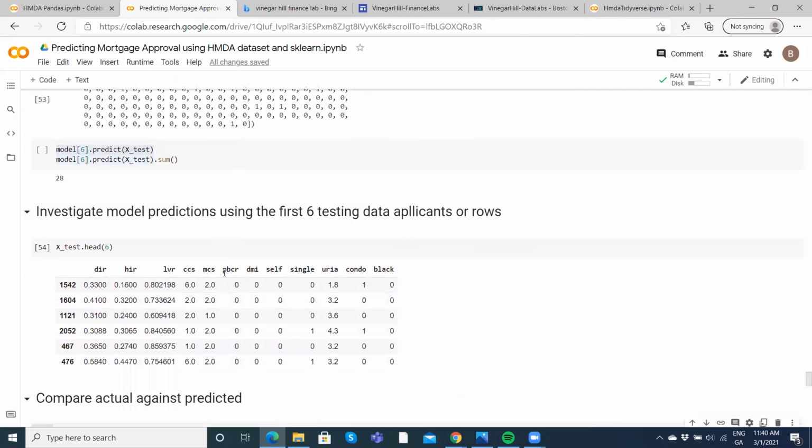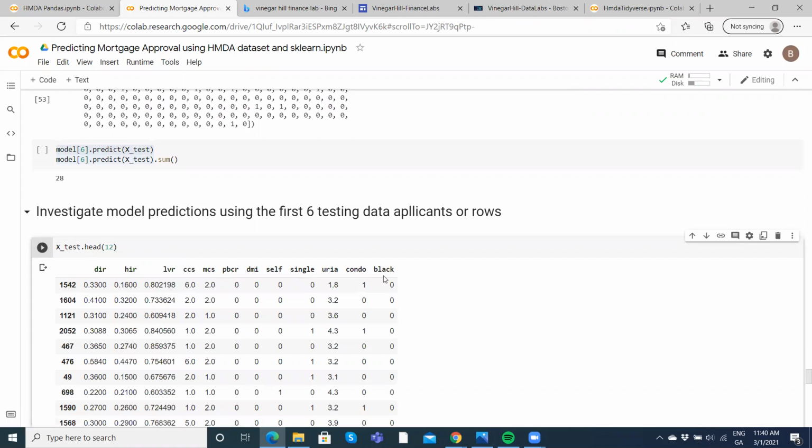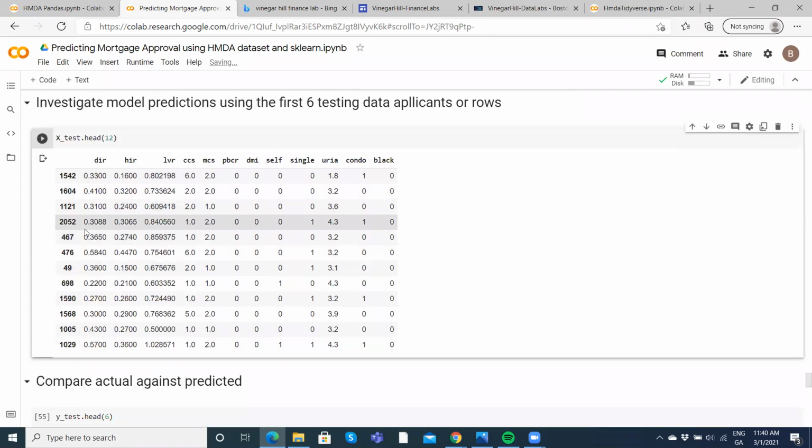So if we take the first 12 applicants in the testing data set, we can see here for the 6th applicant, the credit score was 6, which is the worst credit score. And that's the random forest model, when it takes this and predicts should the individual be denied mortgage or not, the random forest model is predicting should be denied.